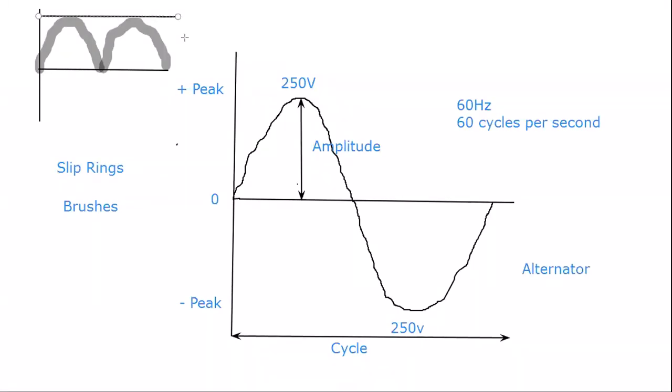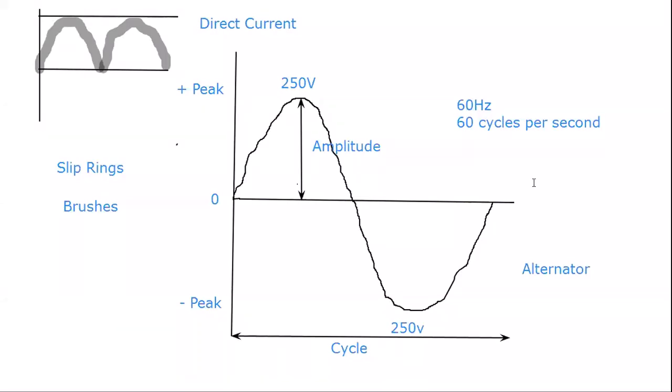The peak is represented by a straight line. Therefore, DC is now known as direct current because it only flows in one direction.